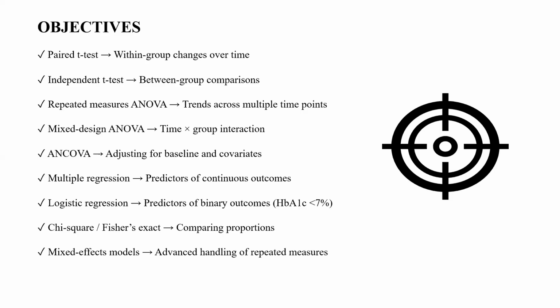A chi-square is used when you want to examine the relationship between two categorical variables, for example, gender and preference, or education level and job type. After that, we'll also conduct mixed effect models, where we check on advanced handling of repeated measures.